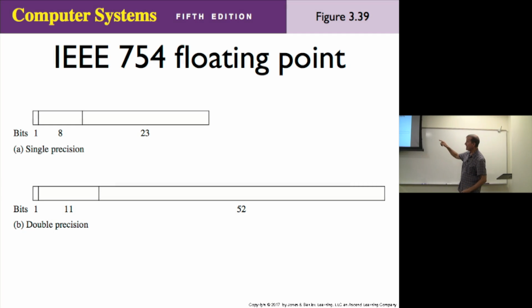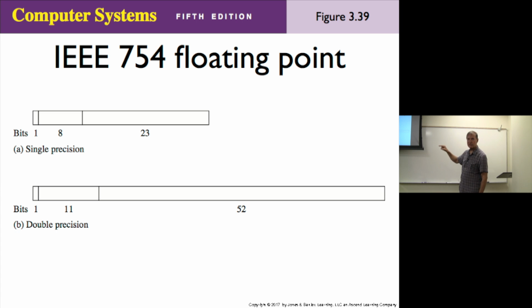Look here in part A. Part A is how single precision is stored. In C, this would be a float. It's stored with 23 plus 8 plus 1, so a 32-bit quantity: 1 bit for the sign, 8 bits for the exponent, and 23 bits for the significand.